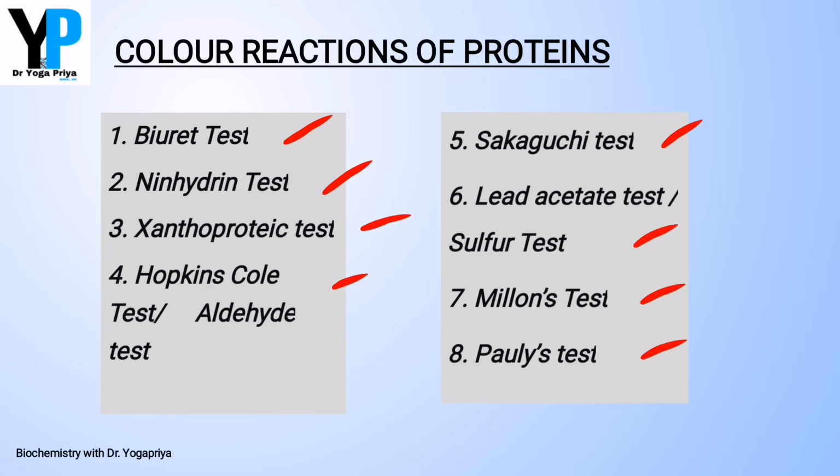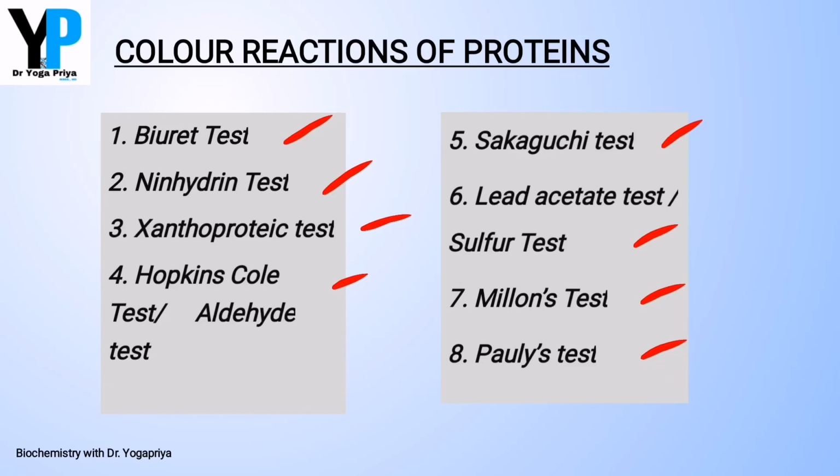For example, we can take albumin, which is a major protein found in plasma, milk, and also in egg white, and it is a very good example of a simple protein. Other than albumin, we can detect other proteins like casein, which is a major milk protein, and gelatin, which is mainly isolated from collagen by boiling with water. The fourth is scleroprotein or keratin, a major fibrous protein made by the epidermal cells.